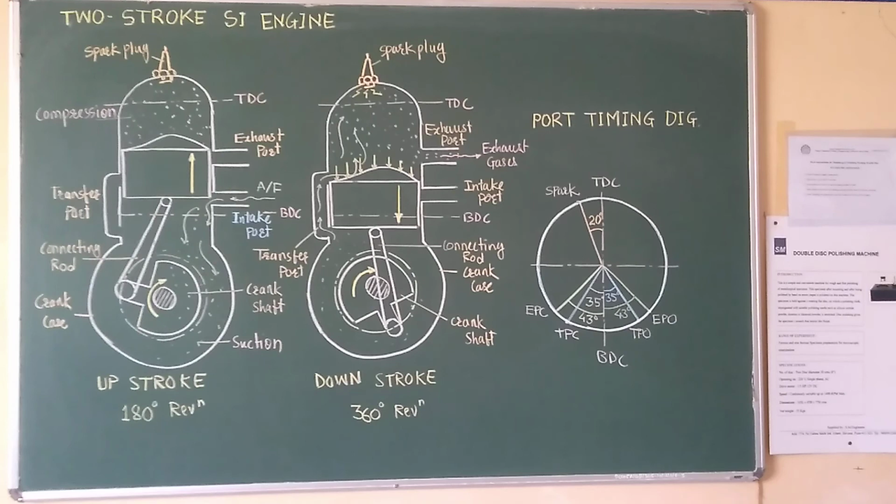During its downstroke, about 43 degrees before BDC, the exhaust port gets open, exhaust gases start to move out from the exhaust port, then with further movement towards BDC, about 35 degrees before BDC, the transfer port gets open and the piston continues till it reaches BDC. So this is a port timing diagram.